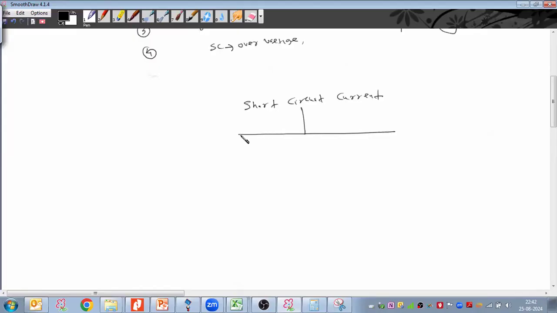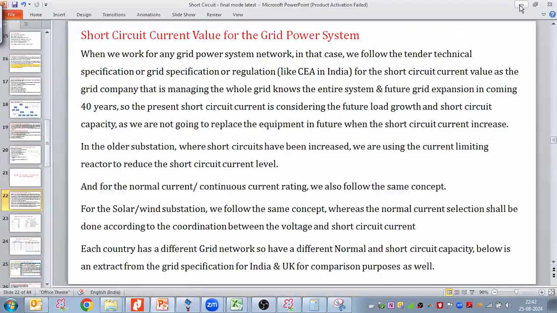Broadly, we can divide the type of electrical project: we may be working on a grid system, a power grid system. What could be the second?